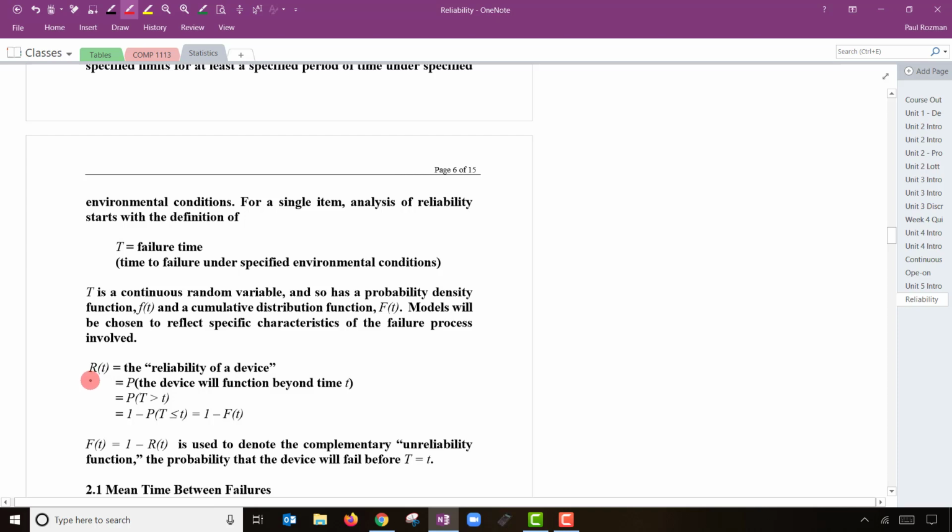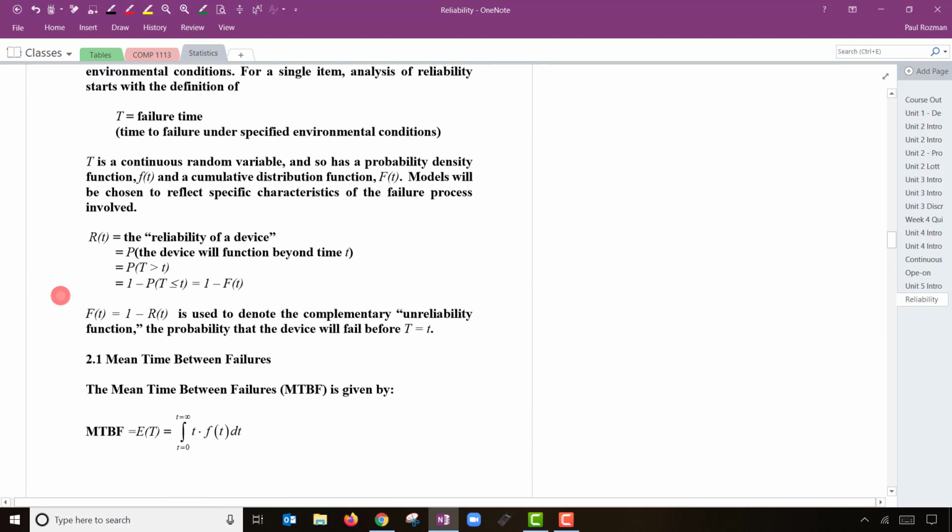So we can define R(t) as the probability of some random variable big T being greater than some amount of time. And we can define unreliability as then the complement of that. So we just need to know the function for a certain situation, and we'll basically be finding the area beneath the curve to get these probabilities.